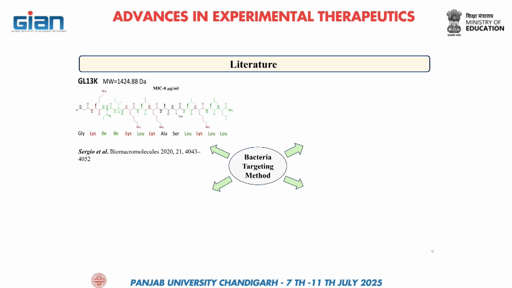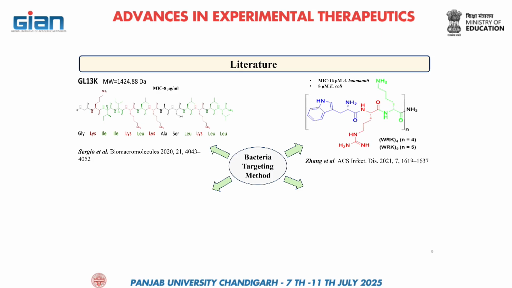Now if we see peptides, linear peptides are there in the literature which have shown excellent antibacterial activity, and some molecules having a tryptophan-like moiety are also extensive in the literature, along with the guanidine salt.